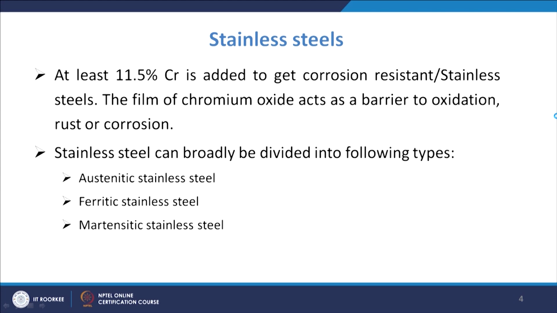Now, more importantly, when we talk about alloy steels, we talk about the stainless steels. As we know, these types of steels are corrosion resistant, so you typically add certain alloying elements which tend to increase the corrosion resistance of the material, and among the elements to be added, chromium is the most important alloying element.